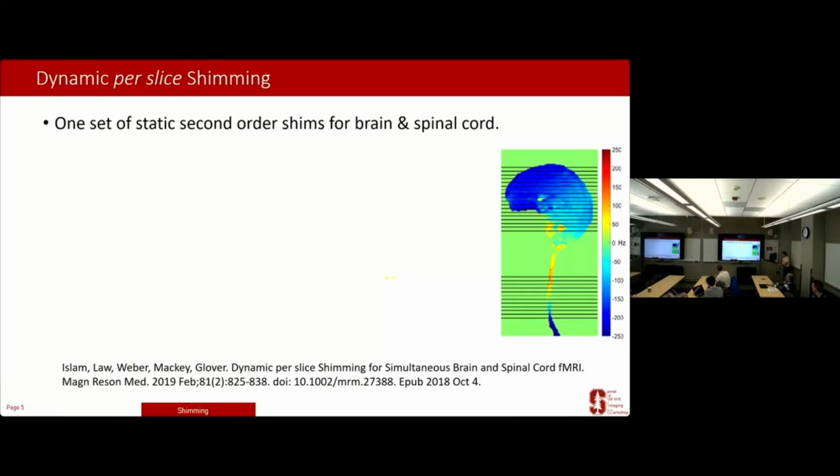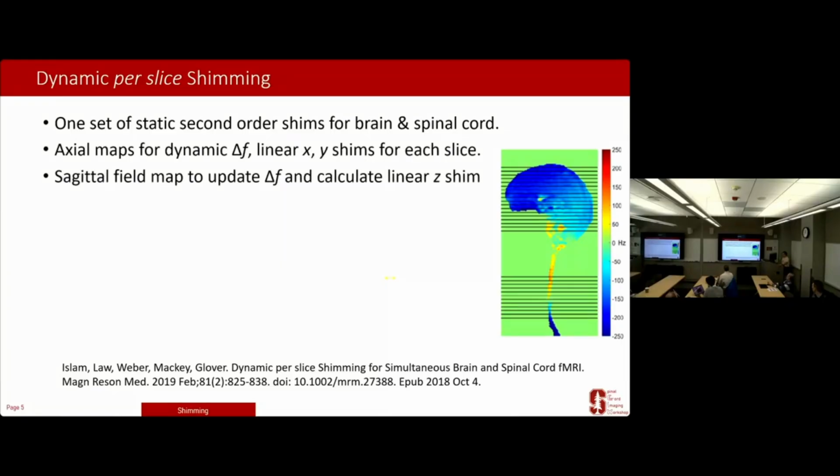I'll discuss shimming next. Our method uses one set of static second-order shims for both the brain and the spine, but a distinct set of delta F and linear XYZ shims for each and every slice. We also use both axial and sagittal field maps to calculate the amount of off-resonance. Off-resonance varies the most along the spinal cord, affecting delta F and linear Z shims.